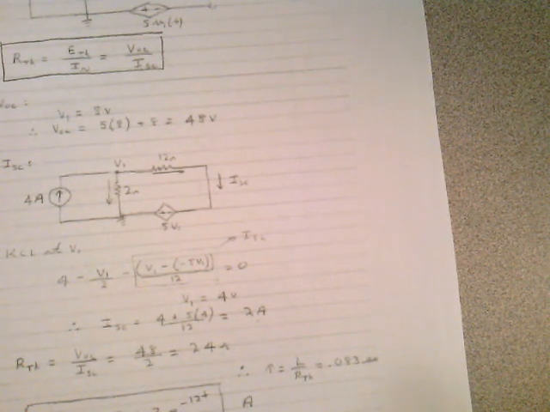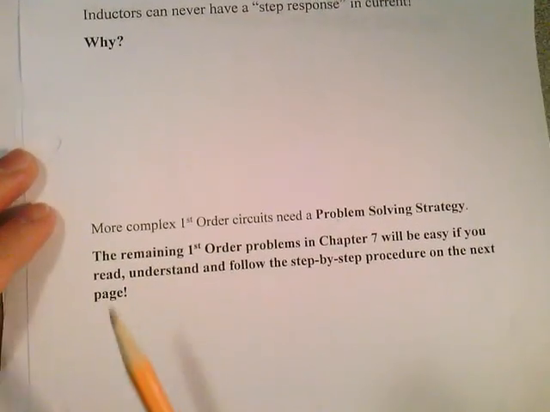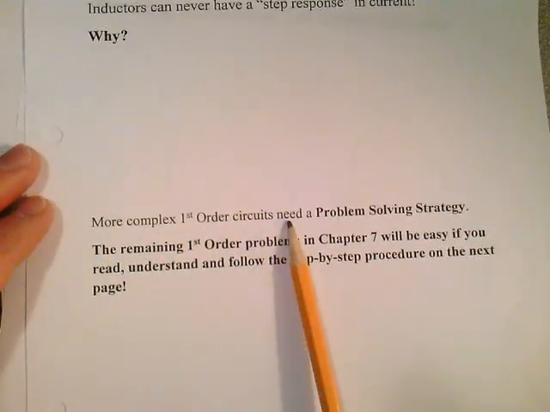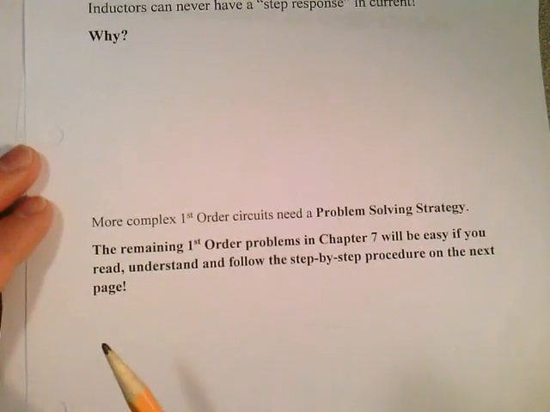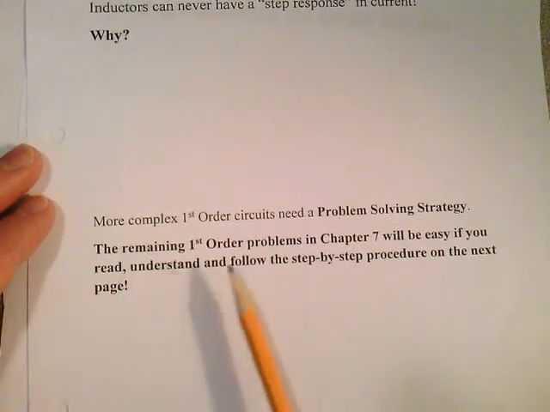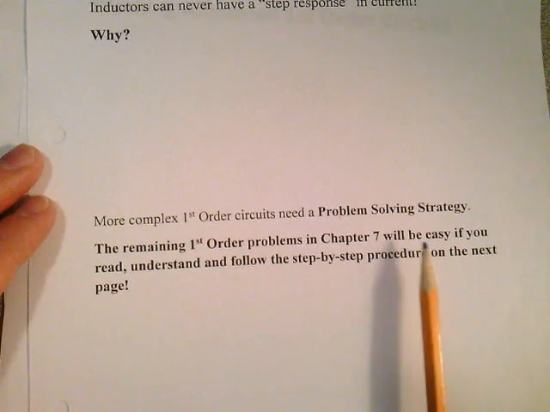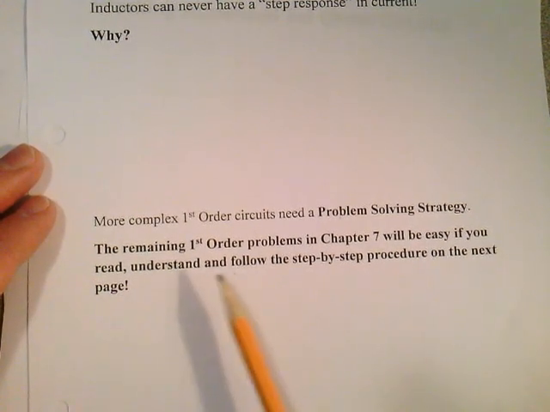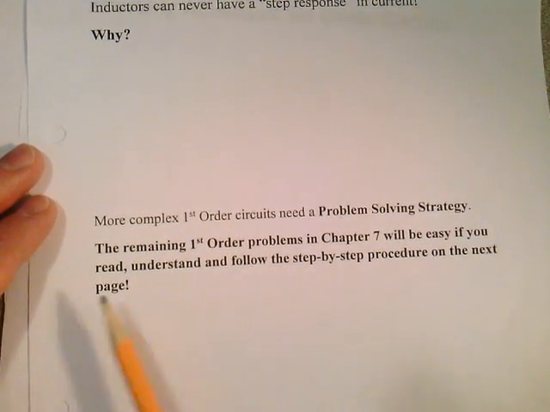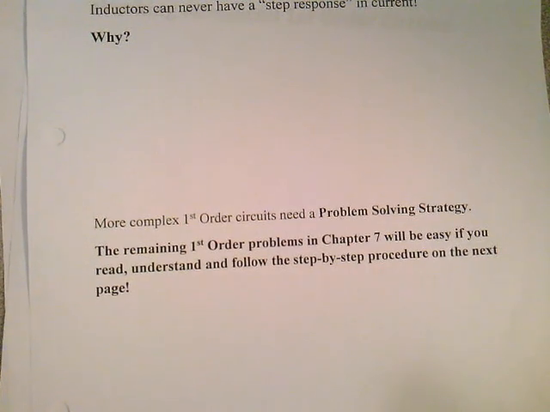And like I said when we started this out, I made the comment that more complex first-order circuits need a problem-solving strategy. So all these problems, I think, will be easy if you read, understand, and follow the step-by-step procedure that I've read through. And that concludes the lecture.